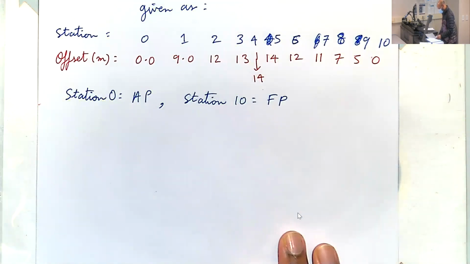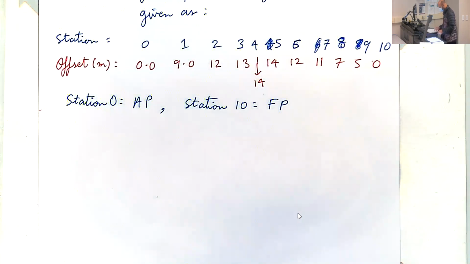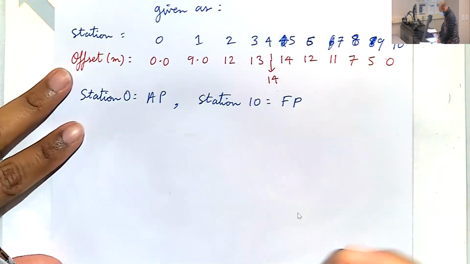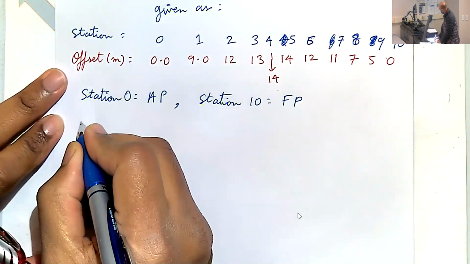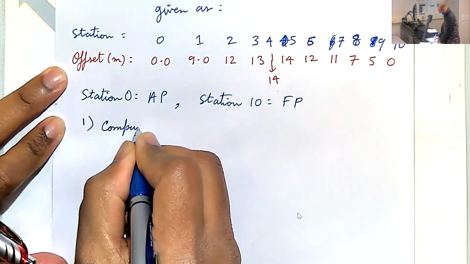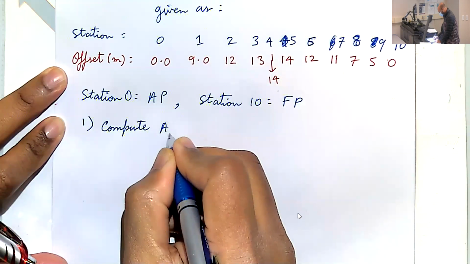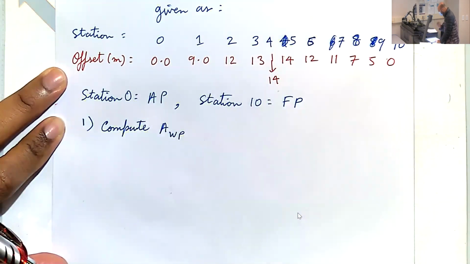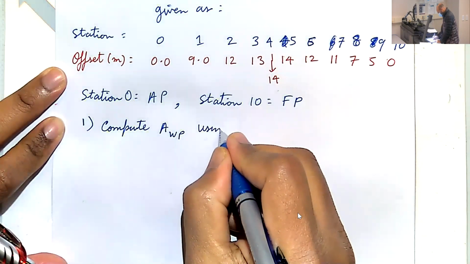So let me write the rest of the question down. So the first is compute area of water plane using trapezoidal rule.